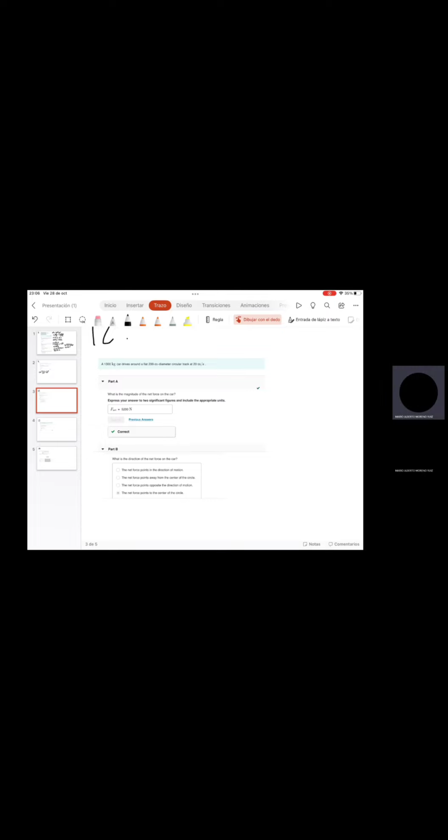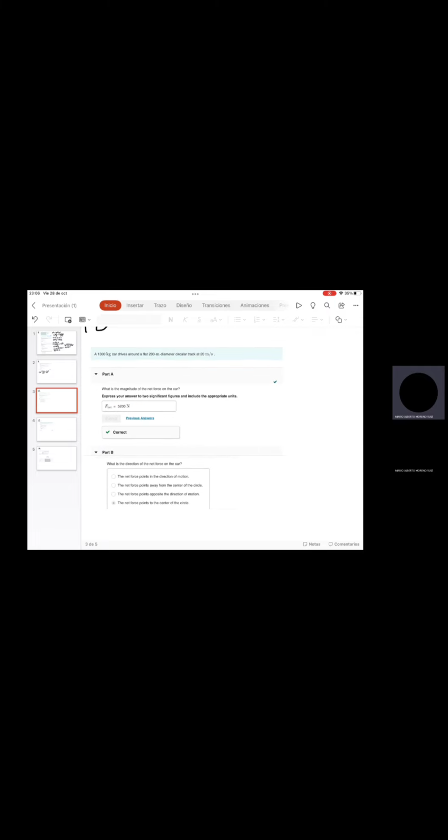Okay, now to end with stage 3, we're going to see the last 3 problems, 12, 13, and 14. Starting with 12, it says, a 1,300 kilogram car drives on a flat, 200 meter diameter circular track at 20 meters per second.